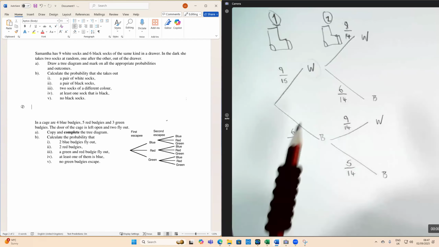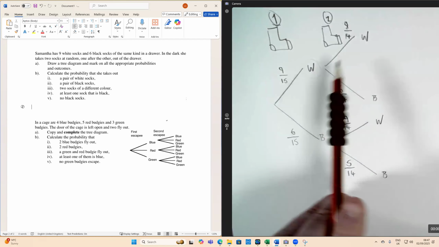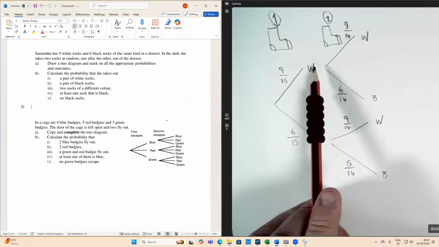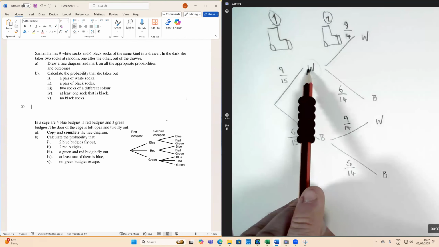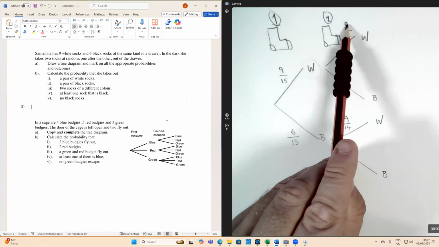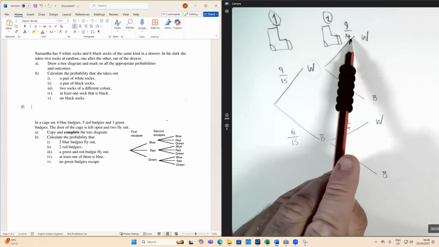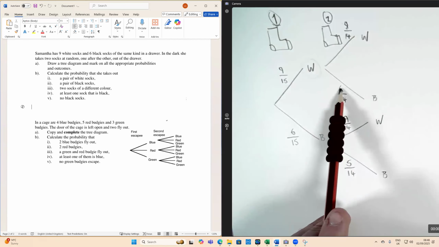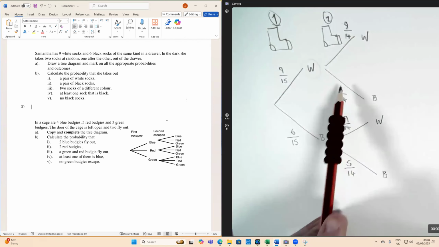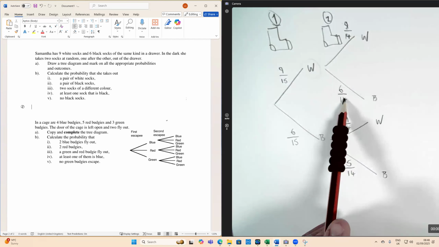But as I say, think about Samantha going to reach into the drawer for the second time. What happens if a white one was selected first? How many white ones have I got left? How many socks are there left? How many black ones would be left in there if a white one was picked? And how many socks are there left altogether?